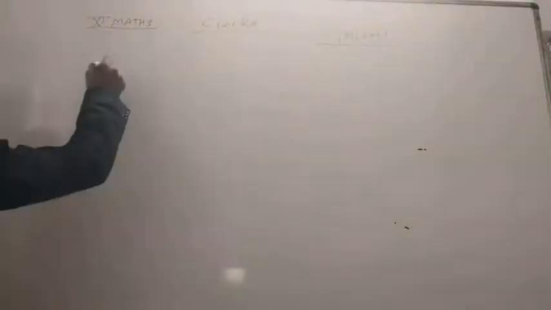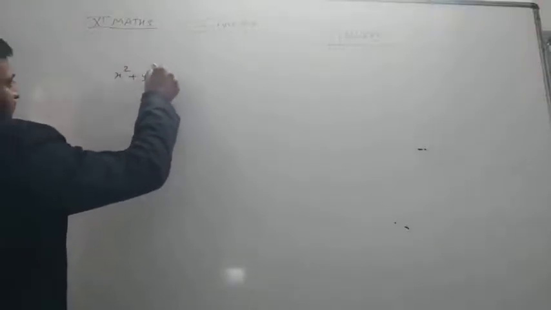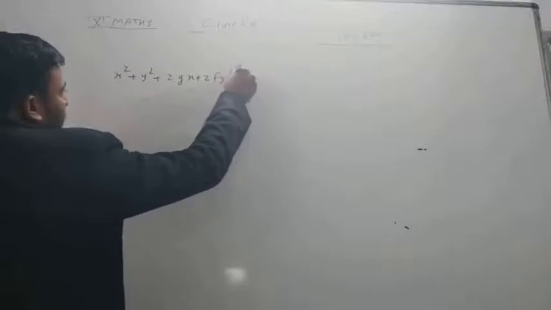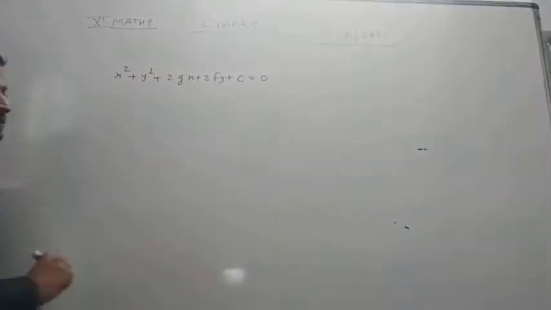Okay, let's see. Our first question is, so student, the general equation of circle is x square plus y square plus 2gx plus 2fy plus c is equal to 0.